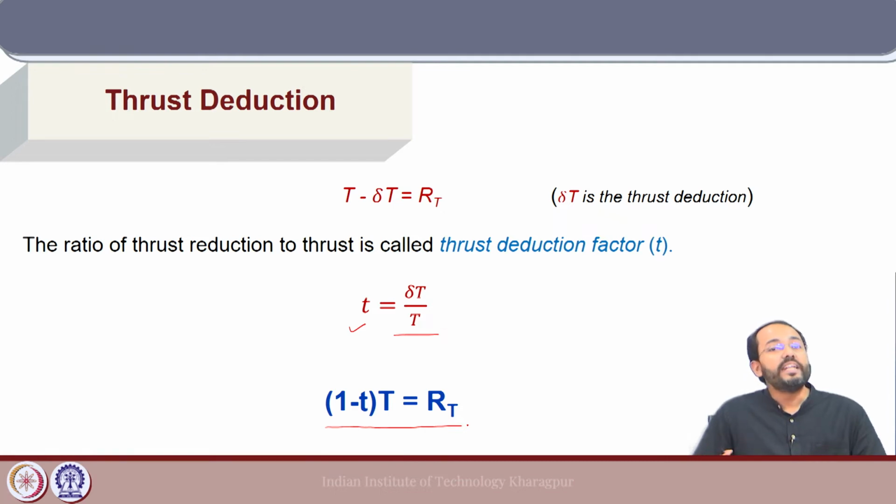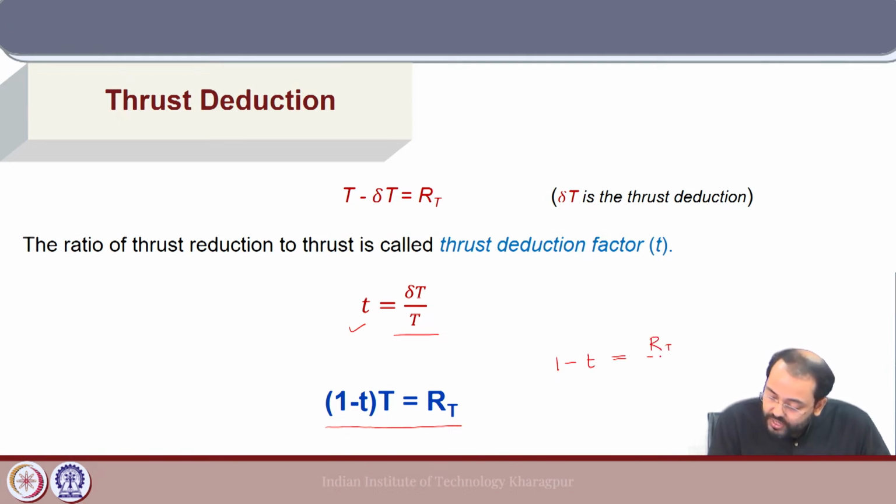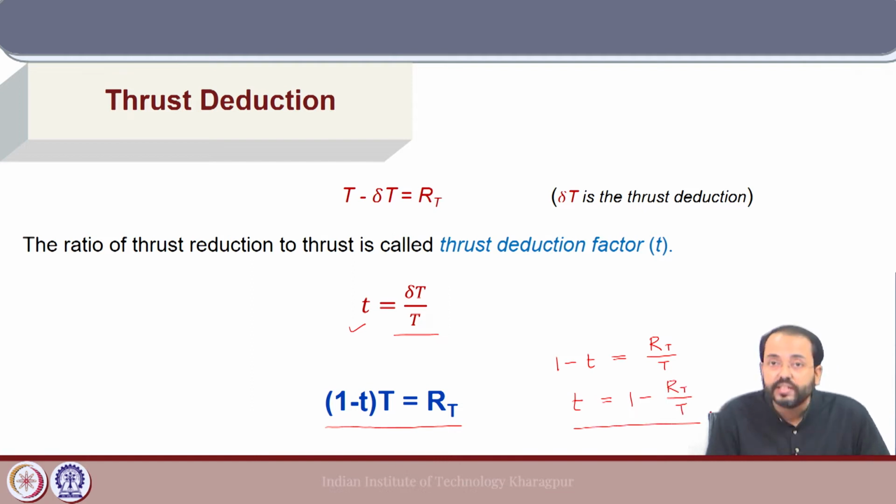In the case where there was no propeller, the total resistance from the resistance test using the thrust reduction fraction in this way. So, we can write 1 minus t equal to RT by T, t equals 1 minus RT by T.